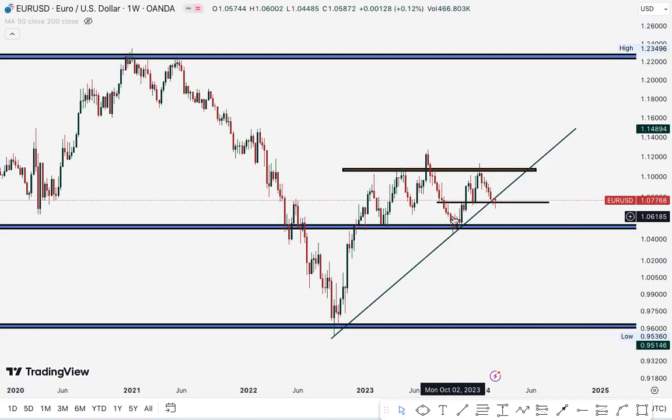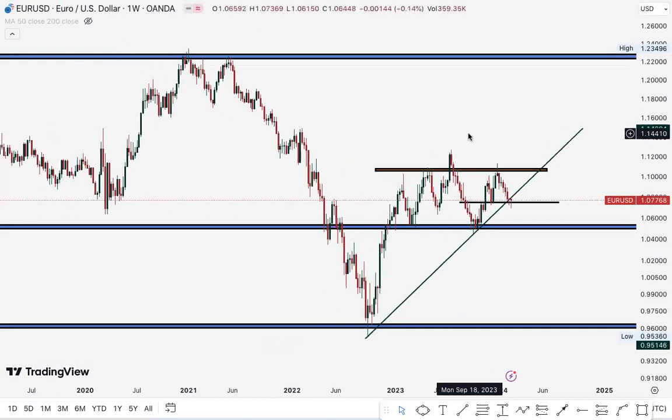The rest of the 60% is actually stuck in a box. As you can see here, this has been stuck between this line and this line since 2023. In fact, since December 2022, we've been stuck dancing around in this box, literally between this line and this line. All right, so that is just how the market goes.